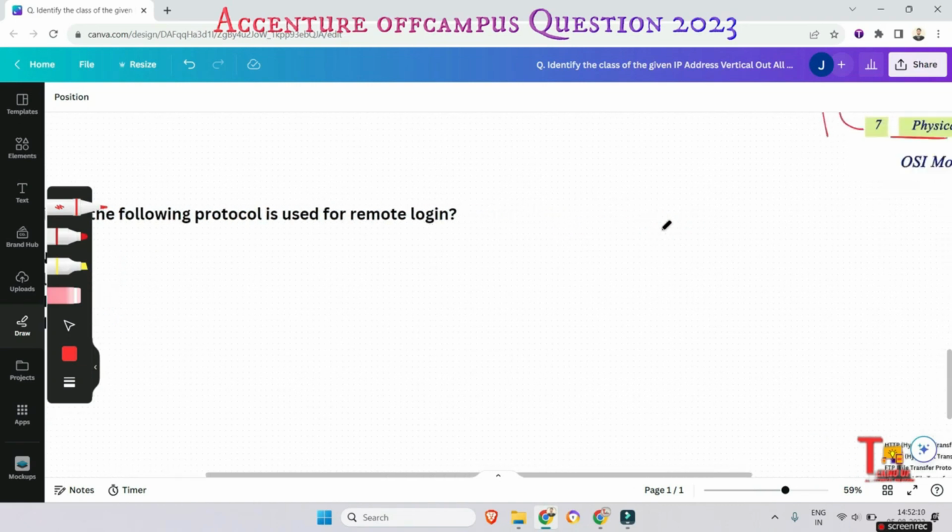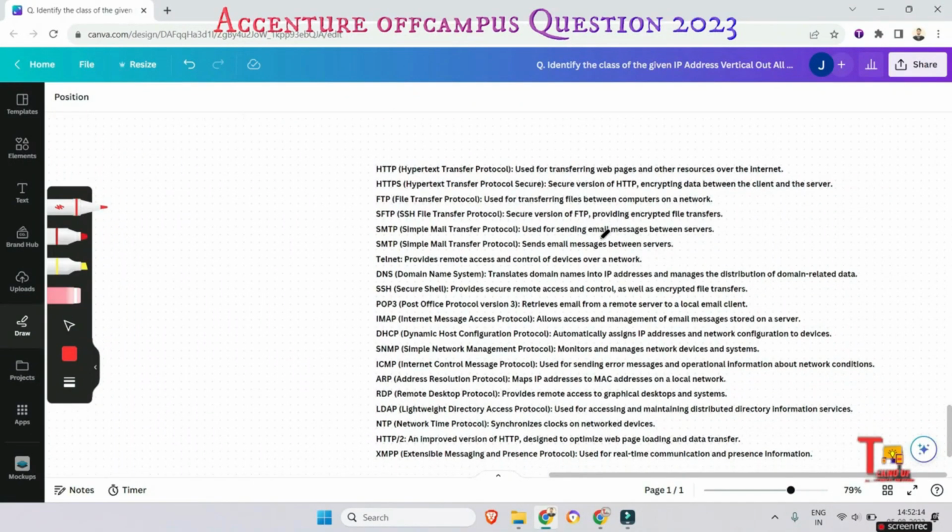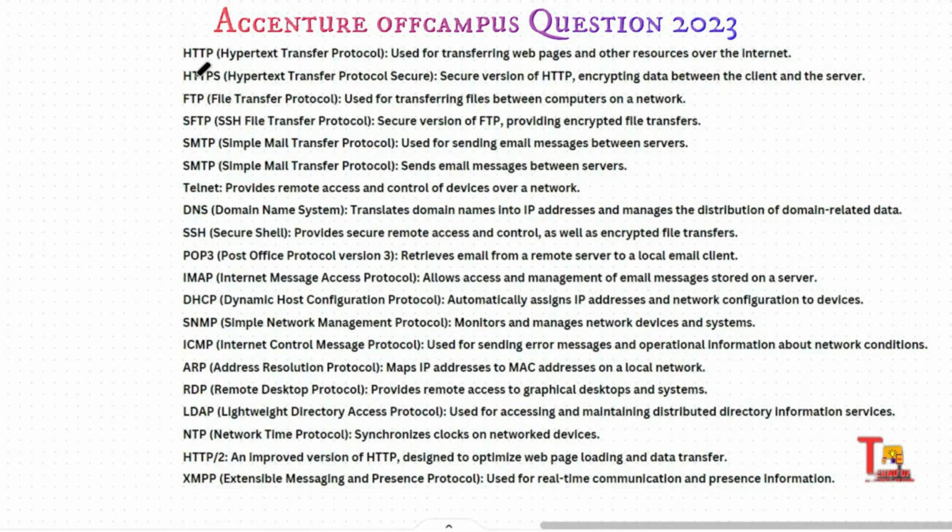Okay, before answering this, I will suggest you remember this theory. That is, there are lots of protocols actually, but if you know the functions of these protocols, then actually 80% of the questions are asked from these protocols, right?